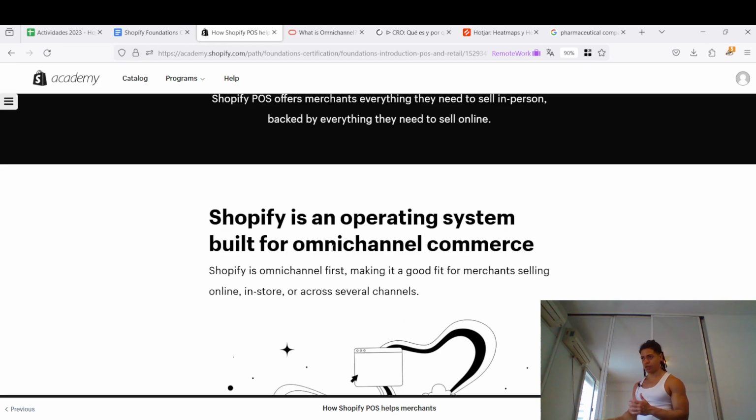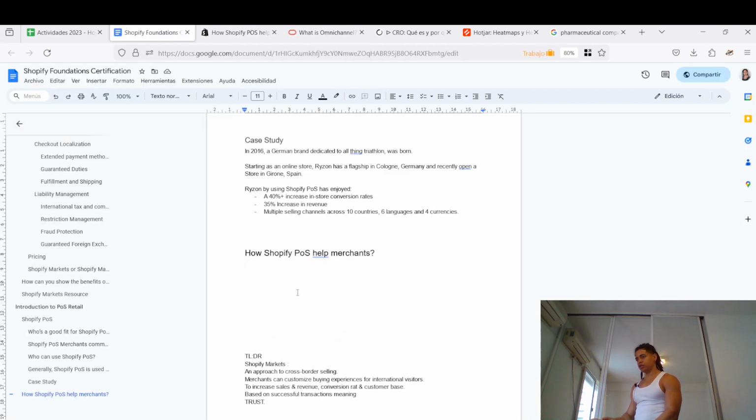Shopify is an operating system built for omni-channel commerce. It can be described that way. So how Shopify helps merchants.